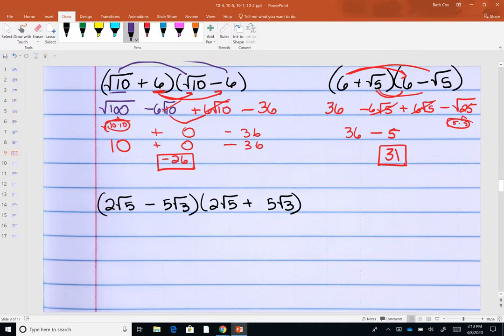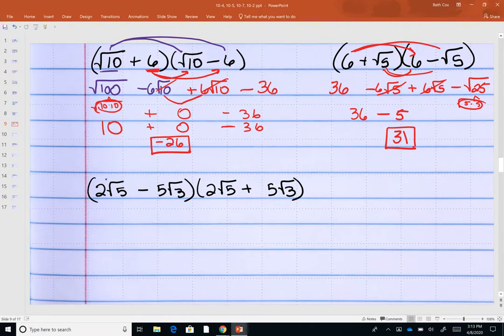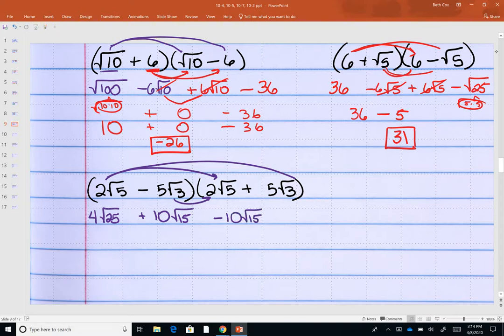One more. That's going to give me 4 square roots of 25 plus 10 square roots of 15 minus 10 square roots of 15. Whoop, they went away. Minus 25 square root 9.